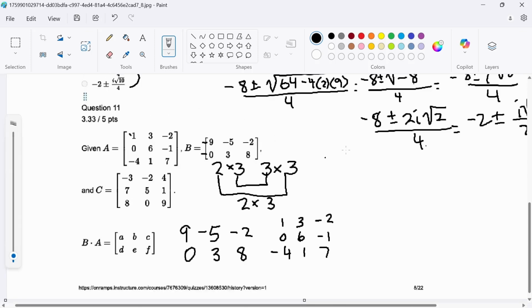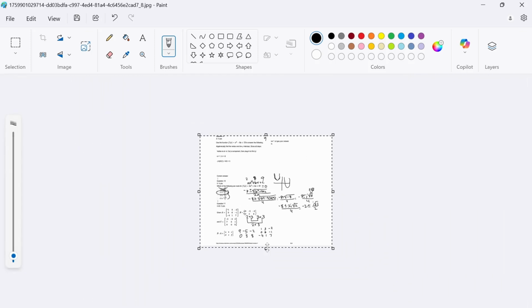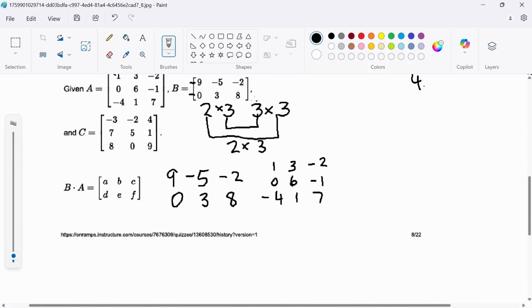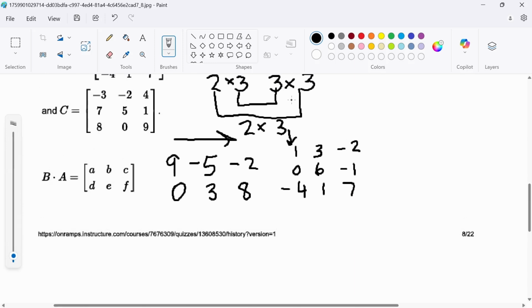Normally, you'd throw this into a calculator, but this is a review and obviously the test wants this done by hand, so I have to do this by hand. I'm going to go across times down and add each term. 9 times 1 is 9, minus 5 times 0 is 0, negative 2 times negative 4 is 8, so that spot's going to be 17.